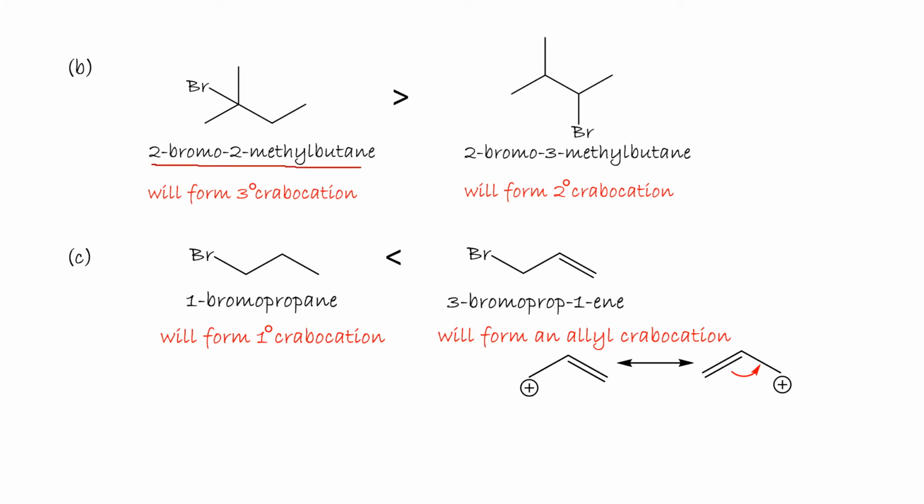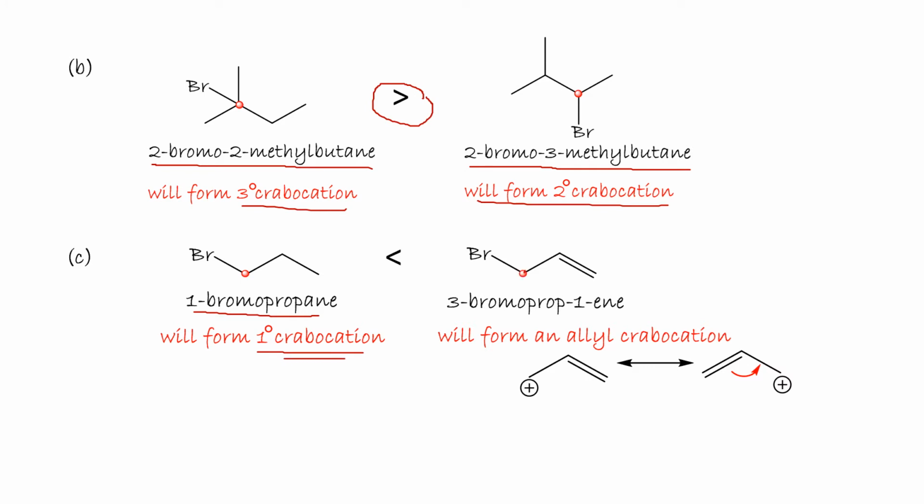2-bromo-2-methylbutane or 2-bromo-3-methylbutane. In this case, the carbon here is tertiary and here is secondary. So which one is more reactive? Of course, 2-bromo-2-methylbutane. Next, 1-bromopropane, this carbon is primary and will give a primary carbocation.